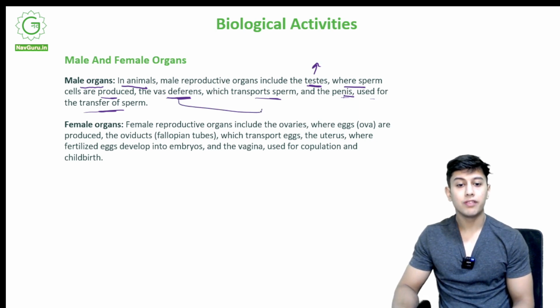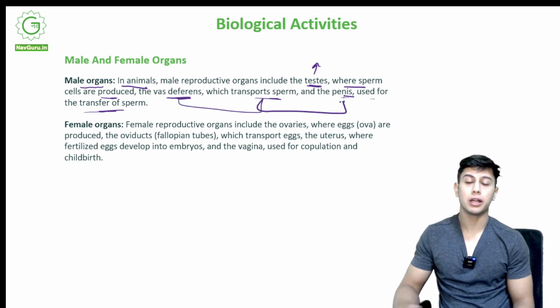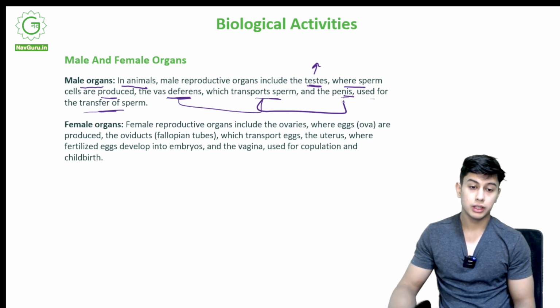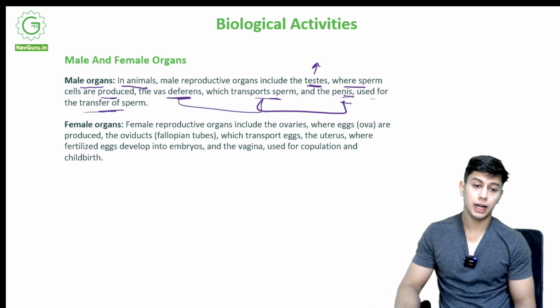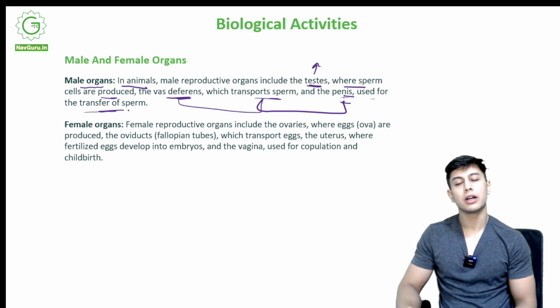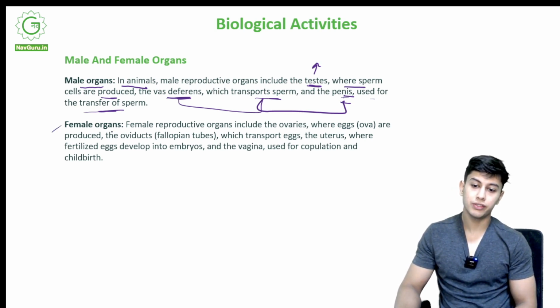All these play a very important role in reproduction. All right, this is a very scientific process, this is a very natural process, and it has been around for thousands, if not millions of years.